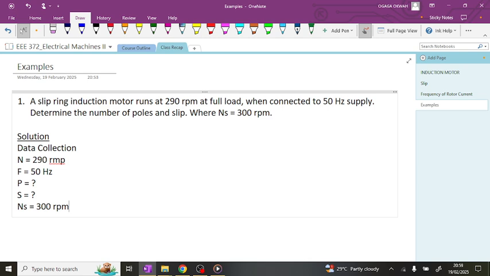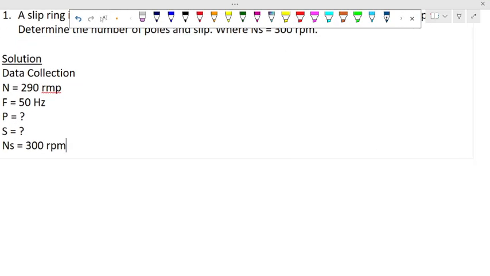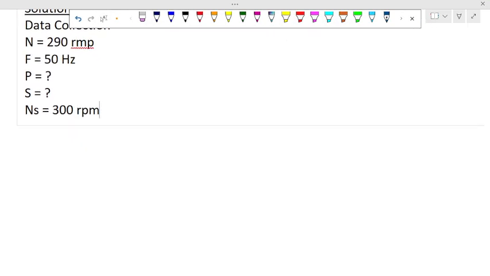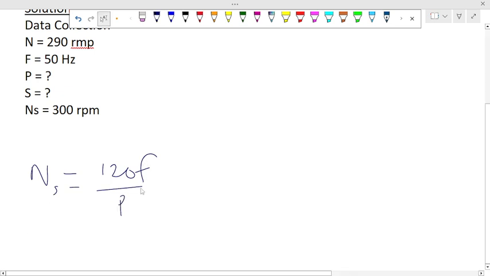Now, since we have these, we can go into action. Recall that we are looking for poles now. The formula that has poles in it, we have more than one, but the one that's close to it, in which we have other parameters, is Ns equals 120f over P. Remember this from what we calculated when we were talking about slip.